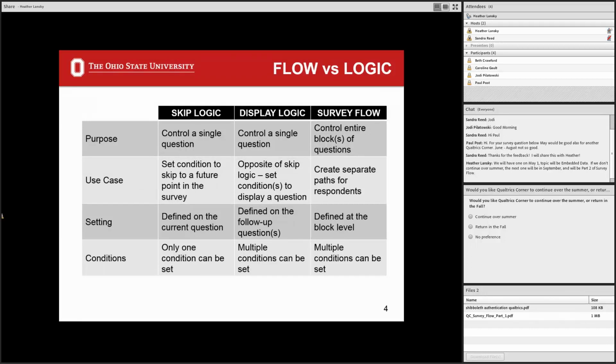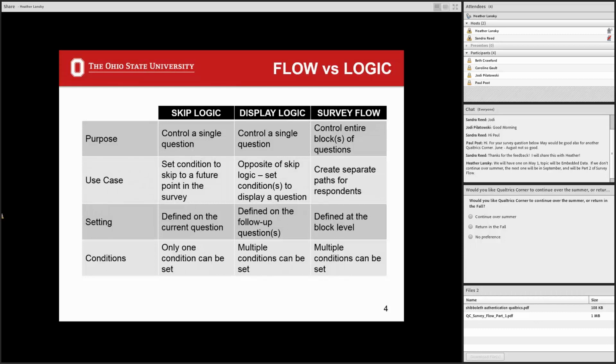Display logic is a little bit different. It's almost the opposite of skip logic. It sets a condition that's going to display the following question based on a response. With display logic, you can set multiple conditions. And how survey flow differs from that is instead of controlling individual questions, it controls an entire block of questions.